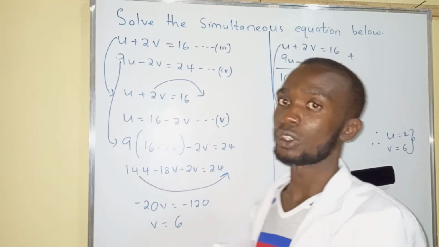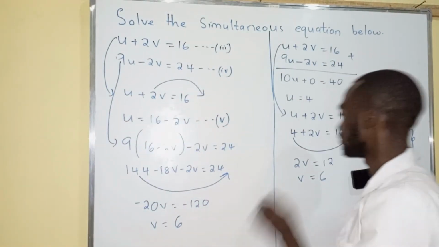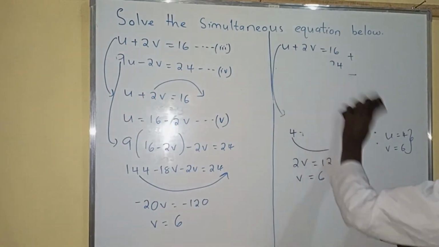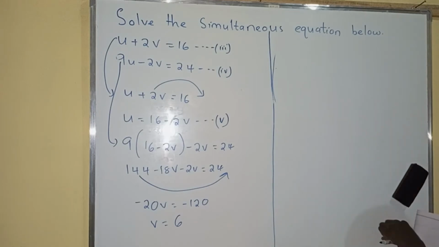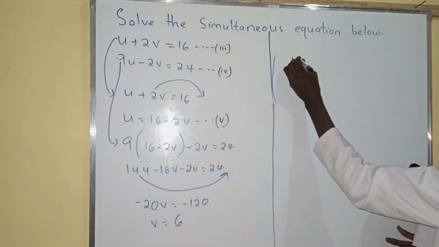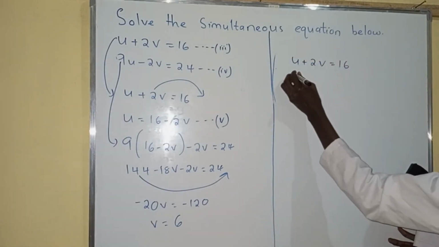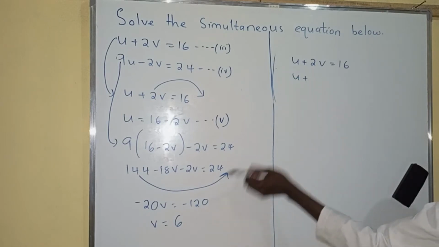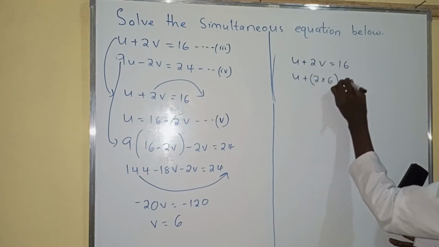Now this is called the substitution method. So having got the value of v, I can get the value of u. So in this case again, we say u plus 2v is equal to 16. So the value of u plus 2 times 6, v is 6, is equal to 16.